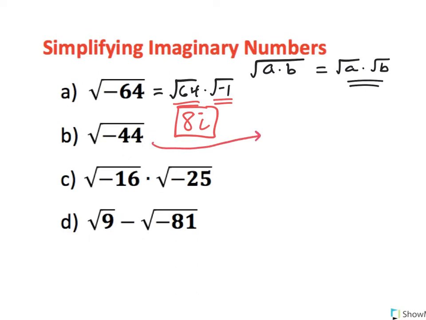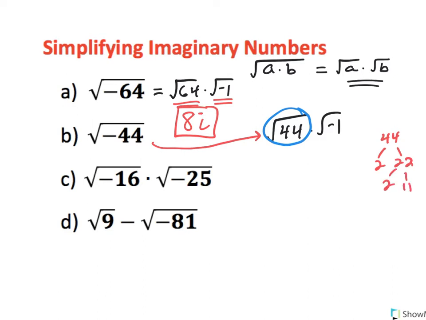If I take a look at the second one, B, the square root of -144, let's first start by marking it as the square root of 144 times the square root of -1. The square root of 144 I can break down using simplifying radicals. If I break it down, there's a factor tree of 2 times 72... and it looks like that's it. So the square root of 44 can be written as 2 times 2 times 11.